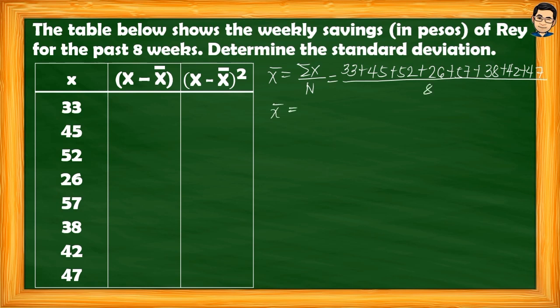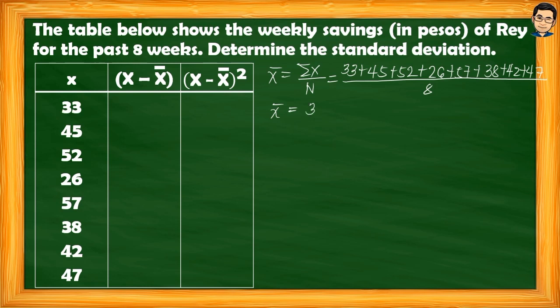So, add natin muna. We have 33 plus 45, that is 78, plus 52, 130, plus 26, we have 156, plus 57, that is 213, plus 38, 251, plus 42, 293, plus 47, we have 340.